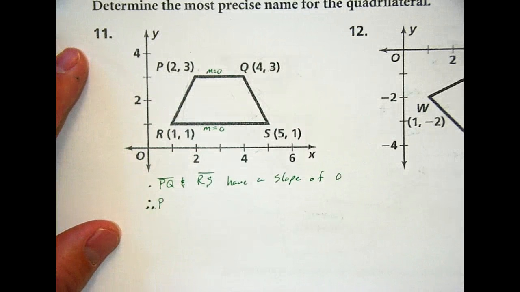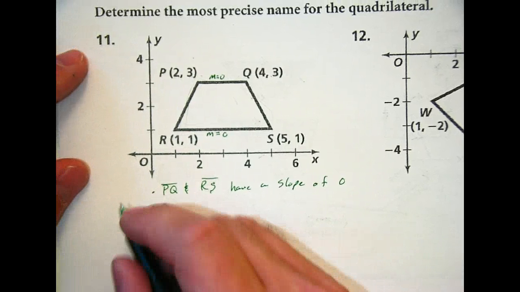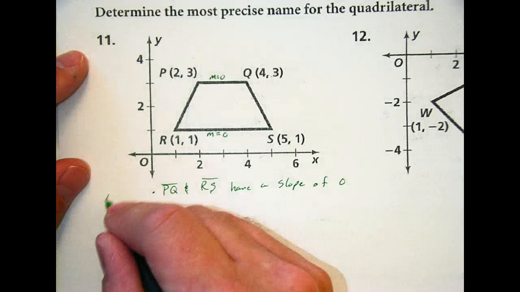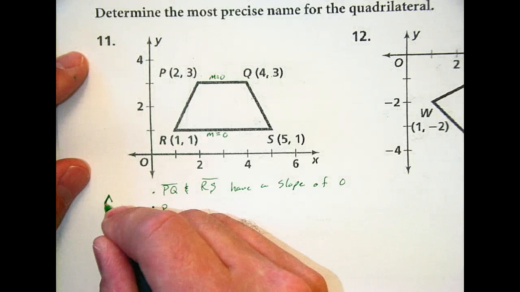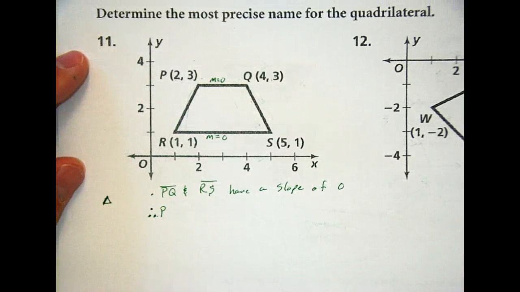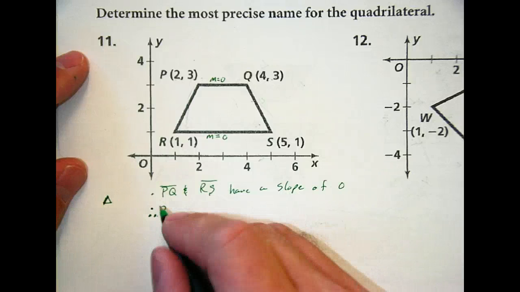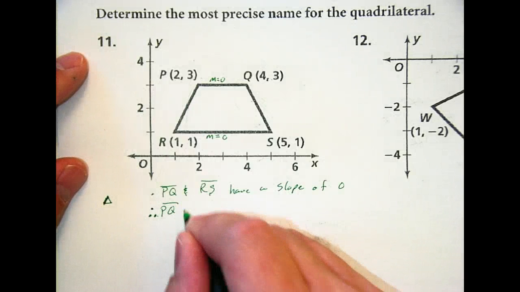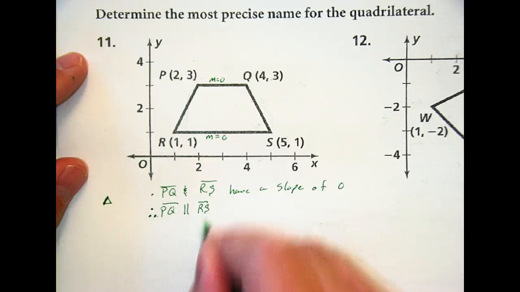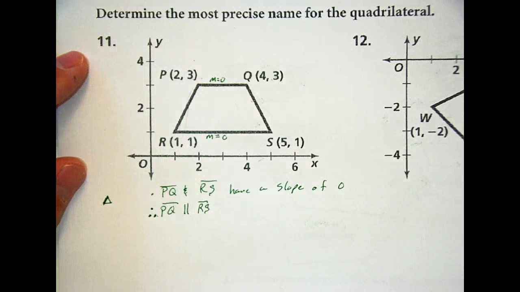That's not a change symbol, and it's not a delta. A delta looks like this. Anyone know what that triangle, three dots, means? Therefore, PQ is parallel to RS. These are parallel, so we've shown that.